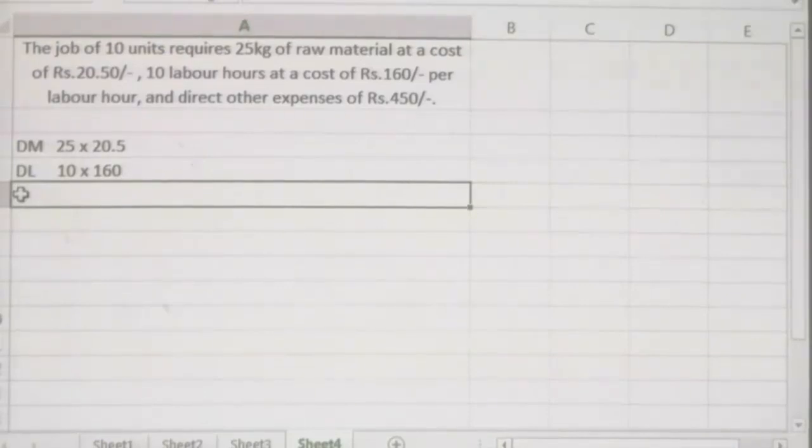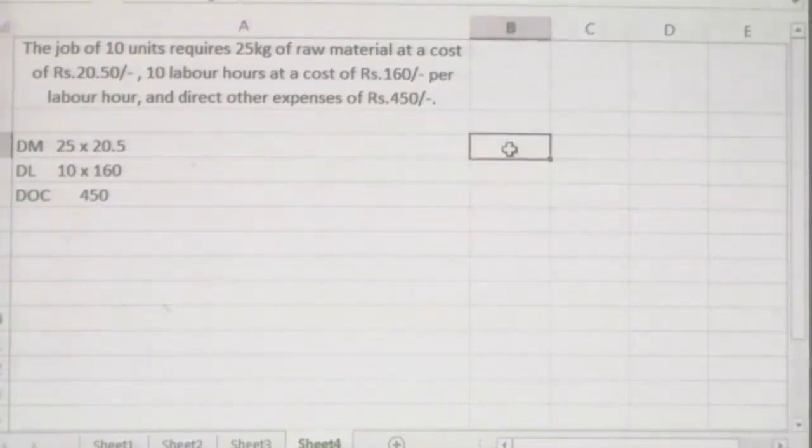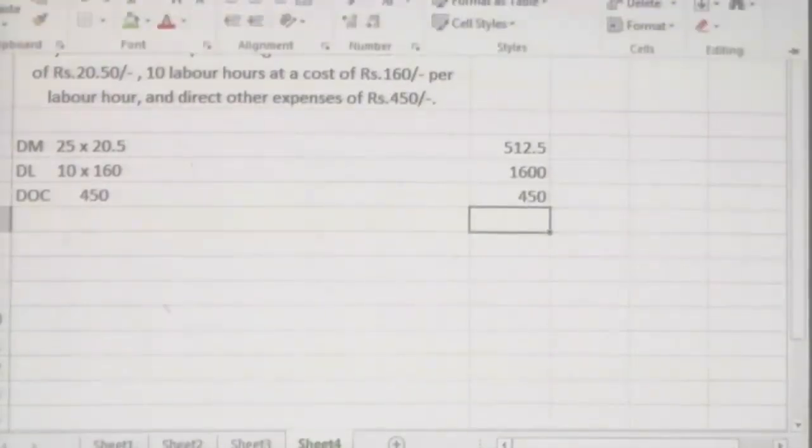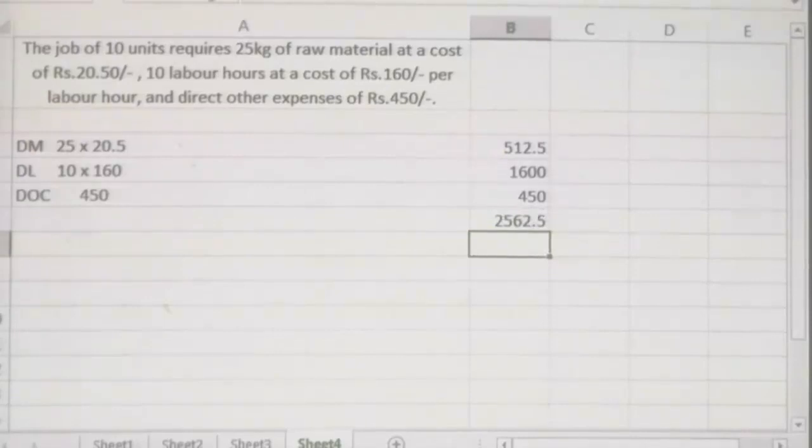And direct other cost, totally they have given as 450. Let's see the values here. This is 25 into 20.5, here 10 into 160, that is 1600, and here 450. All together, let's take the total. 2562.5 is the prime cost.